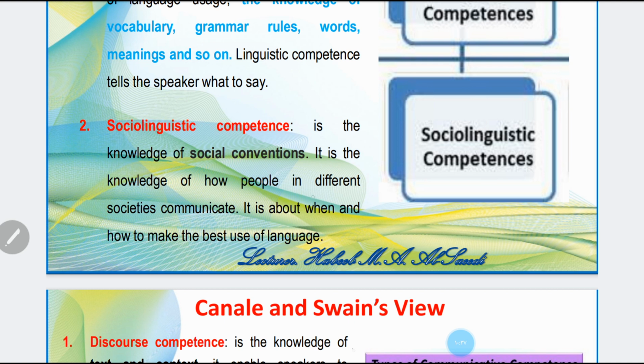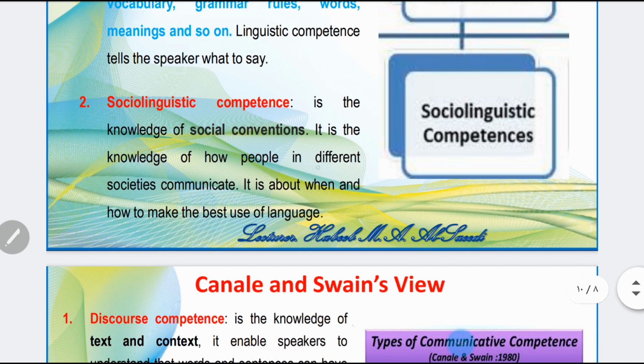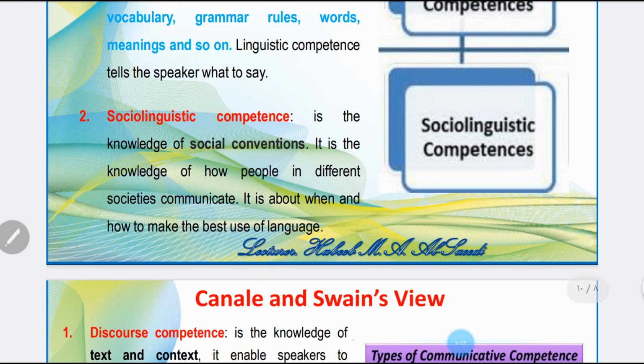So it's not the same. You have to choose the appropriate use of the language. Learners should know and should be able to act according to the social conventions of the use of the language.